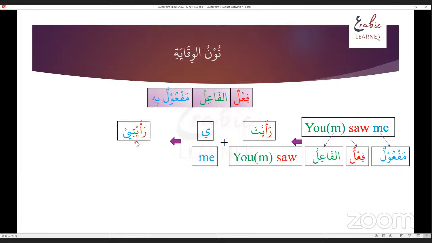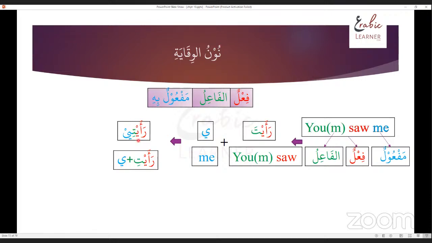So normally what do we do? We put kasra on the last letter. That is the rule we follow. But if I look at this word, I can even see it as Ra'aiti plus ya.